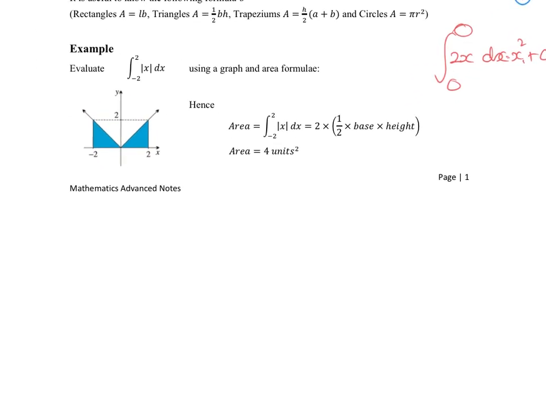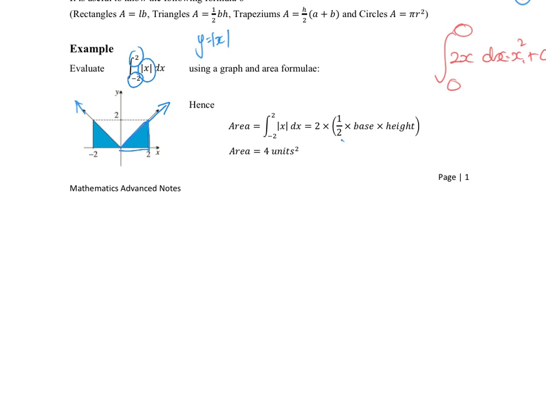Here is an example that they give you. Imagine I drew the curve y equals the absolute value of x, which is this curve here, the V shape. It's asking what is the area between -2 and 2. You could do this just with triangles.